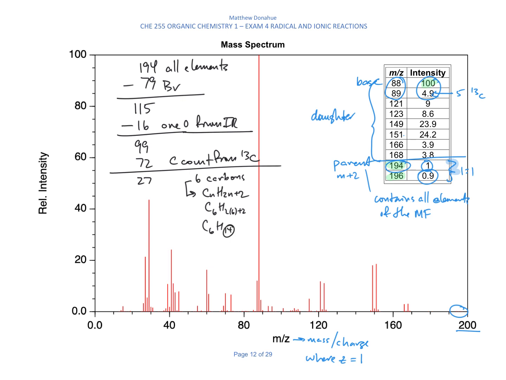So with 6 carbon atoms, the maximum number of hydrogens is 14. So if you just put that in there now, so 14, and you subtract that out, you're going to end up with 13.